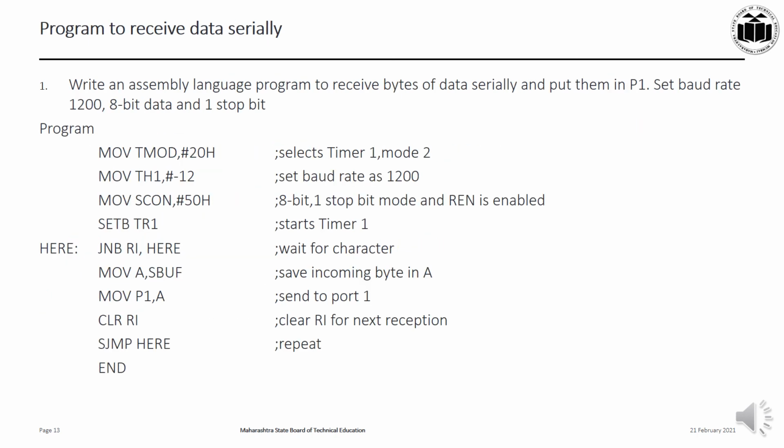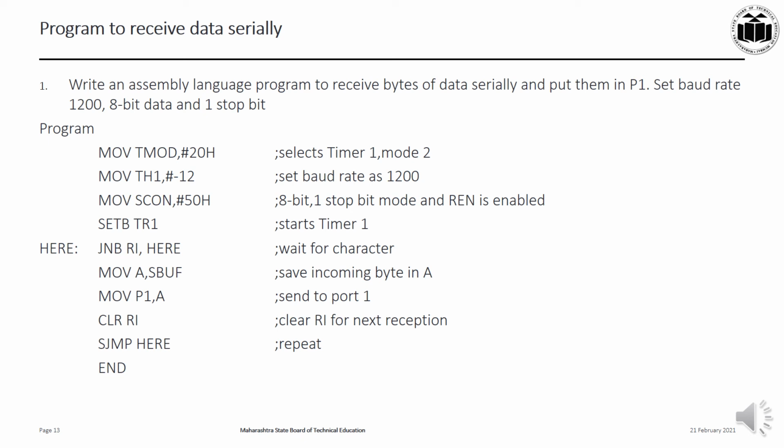Now we will write an assembly language program to receive bytes of data serially and put them in port 1. Set baud rate as 1200 with 8-bit data and 1 stop bit. First of all we will move TMOD with 20H, which selects timer 1 and mode 2.